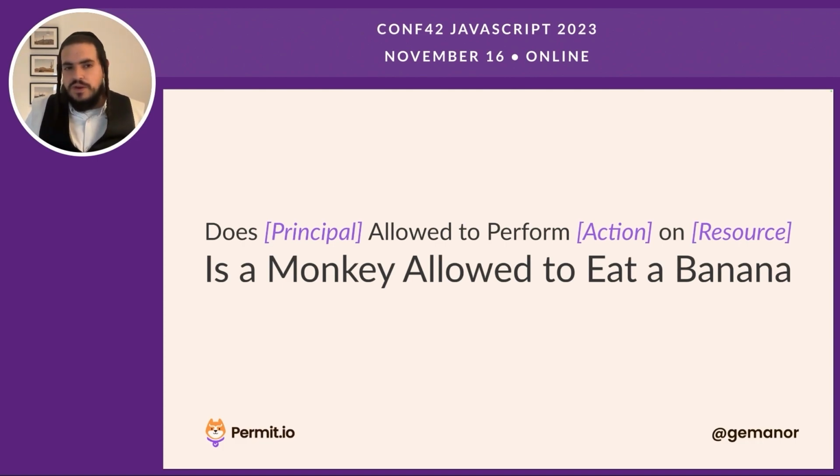Yeah, but in the real world it is of course: is an admin allowed to delete a document, or is an admin allowed to delete a document created today, or is an admin allowed to delete a document that they do not own, right? So every authorization decision is happening with these 3 principles. That helps us to model all our authorization rules.